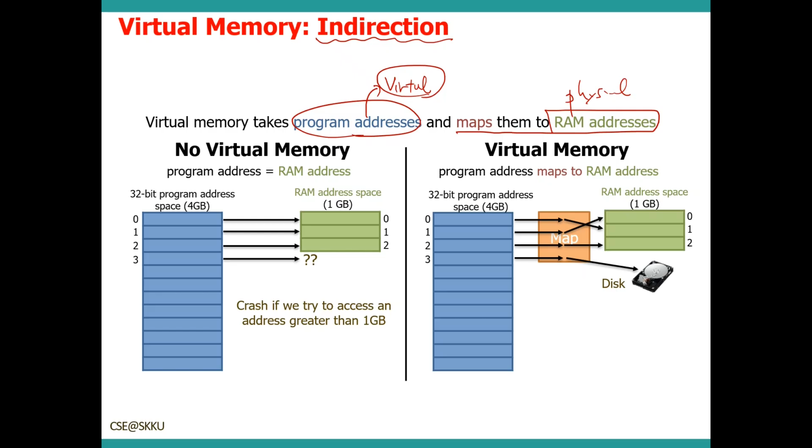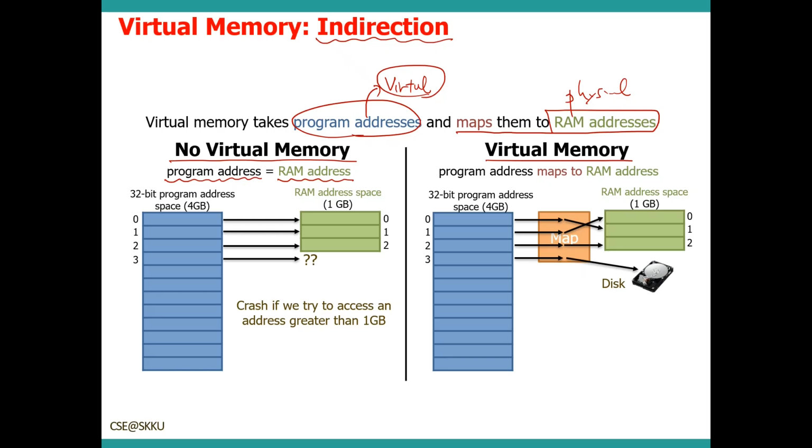This figure compares when we don't use the virtual memory technique and when we do. Without virtual memory support, the address generated by the program is the same as the real memory target address.